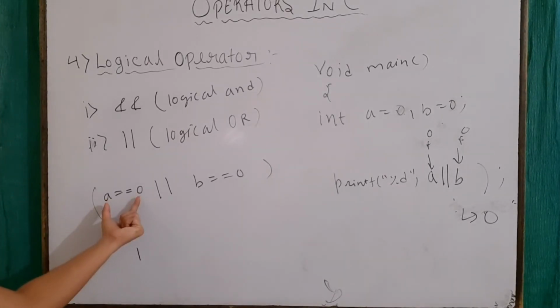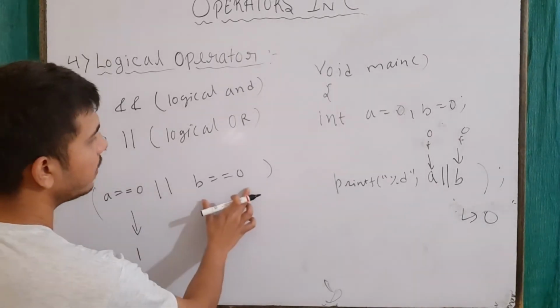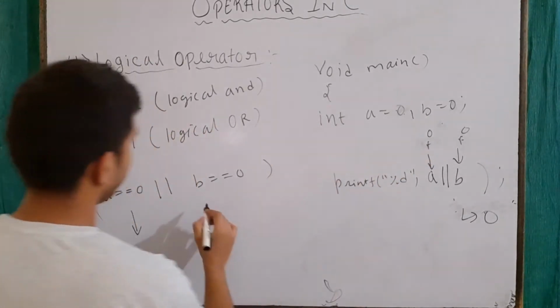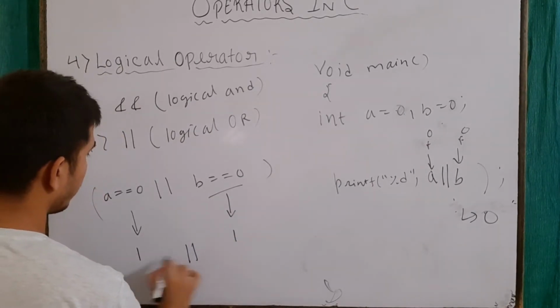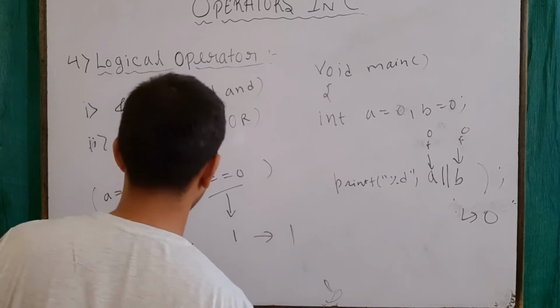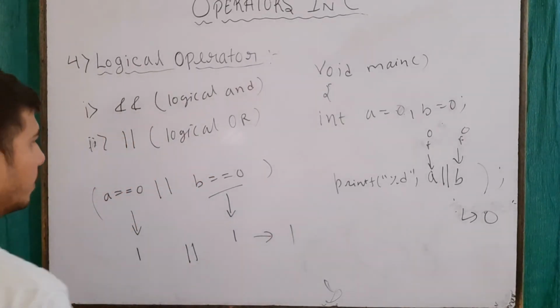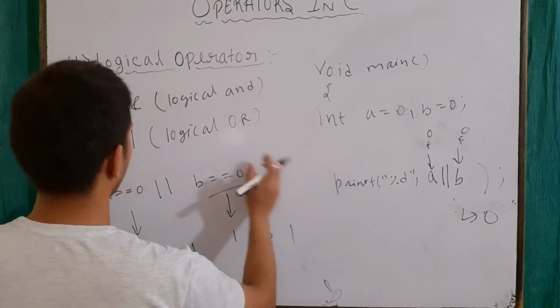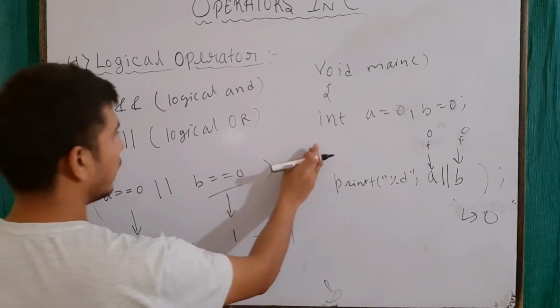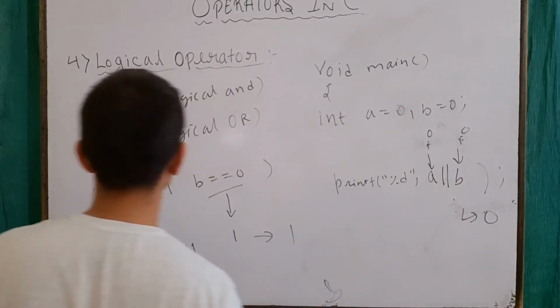Remember, this was the conditional operator which we had already studied. Now B is equal to 0. Yes, B is equal to 0. So it will also give us 1. Now 1 or 1 will give us 1, or true or true will give us true. Whenever the final result is true, it will give us 1. Whenever the final result is false, it will give us 0 when we do printf.